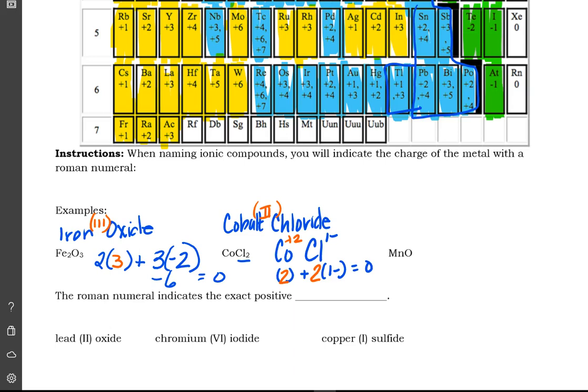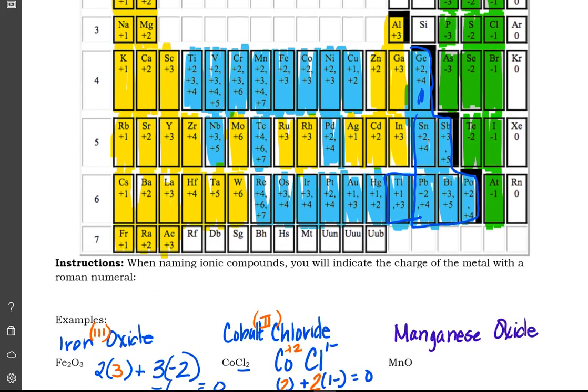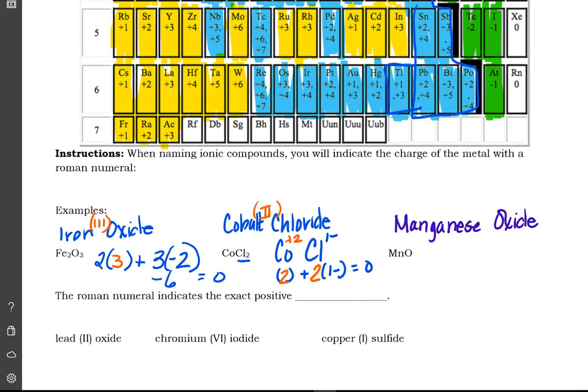Manganese oxide is our third guy. Manganese could be a 2, a 3, a 4, or a 7. Oxygen's always -2. So if we do our little algebra problem, we don't know manganese.